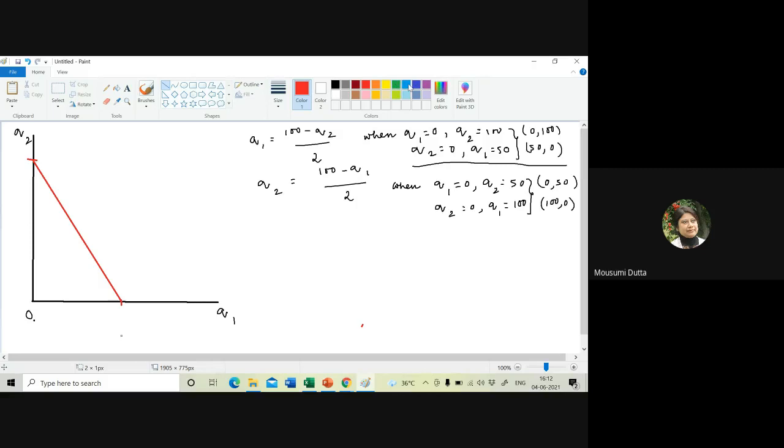So if I mark (0, 50), where Q1 is 0, this point, and another where Q1 is 100 and Q2 is 0, this point, and join these 2 points, I'm getting the reaction curve of firm 2.